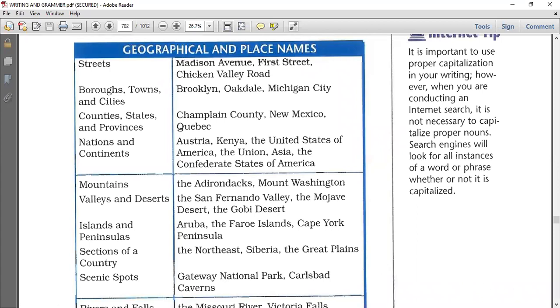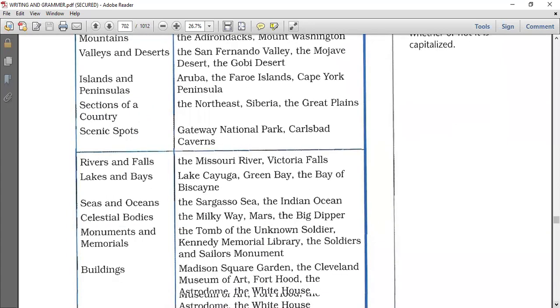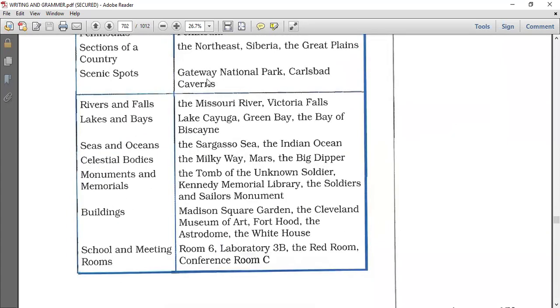Scenic spots, scenic means beautiful, beautiful spots with scenery, much scenery. Gateway National Park, Carlsbad Caverns, and rivers and falls, the Missouri River, the Nile River, Victoria Falls, Niagara Falls, lakes and bays, Lake Cayuga, Green Bay, the Bay of Biscayne, seas and oceans, the Red Sea, the Mediterranean Sea, the Indian Ocean, the Pacific Ocean, and so on.